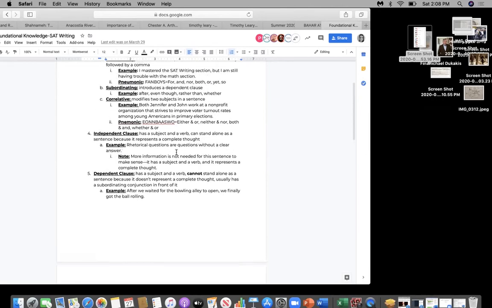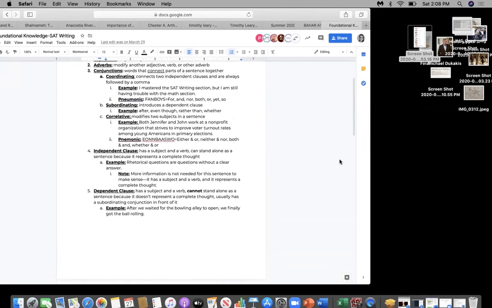Dependent clause. This is going to have a subject and a verb, but it cannot stand alone as a sentence because it does not represent a complete thought. Usually there is a subordinating conjunction in front of it.